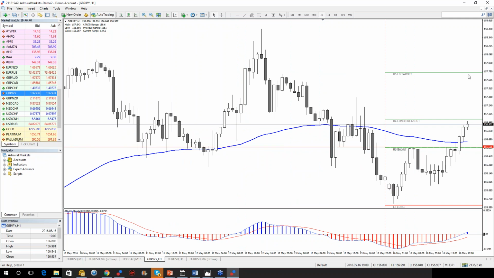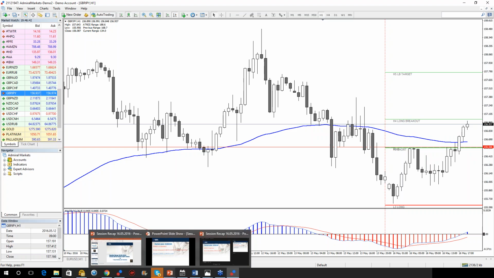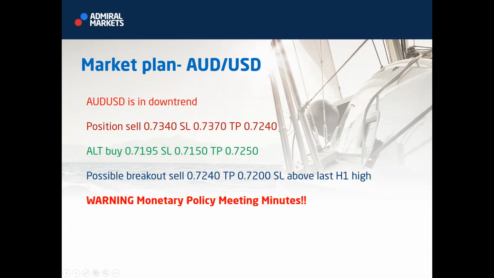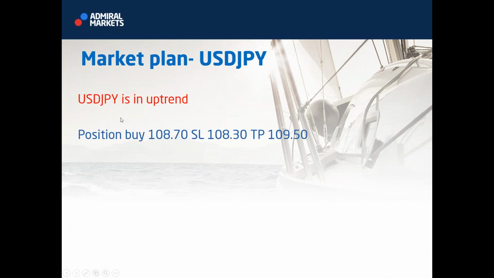W. Pound dollar. Australian dollar. Dollar yen.